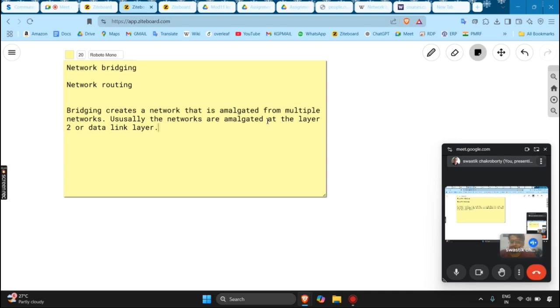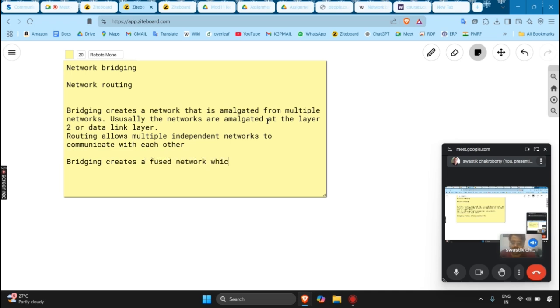So this is bridging, whereas routing allows multiple independent networks to communicate with each other. Bridging creates a fused network which functions as a single network.